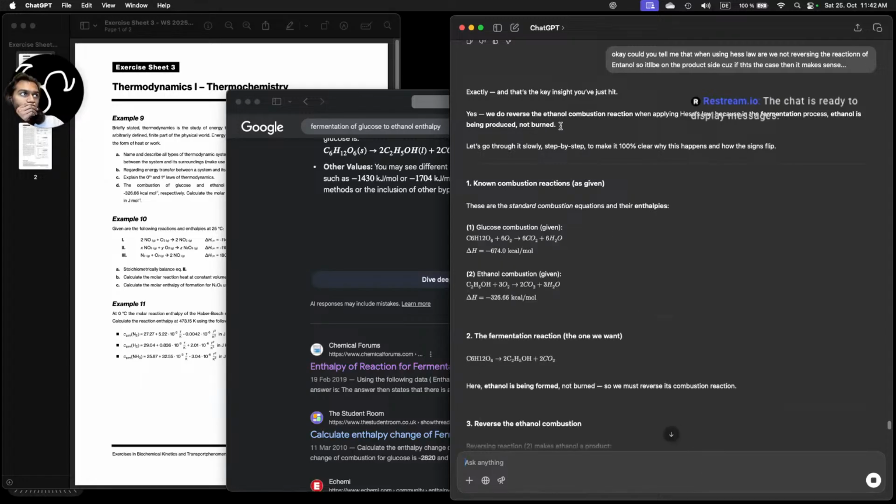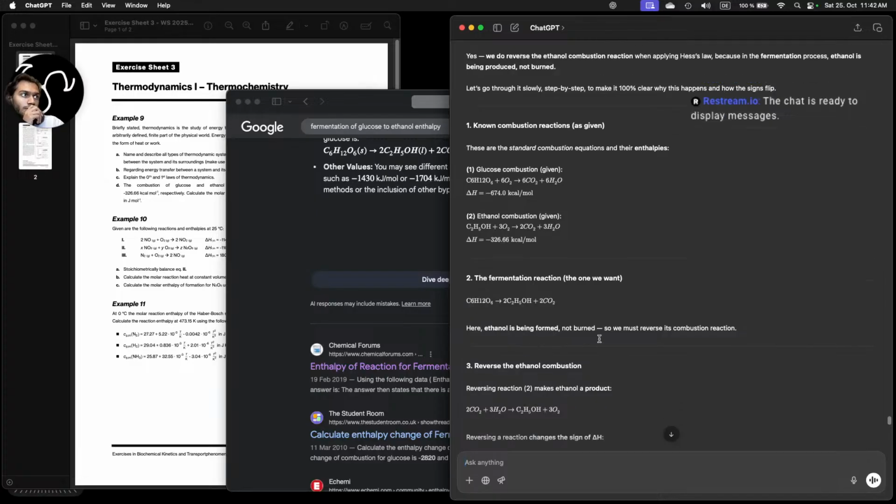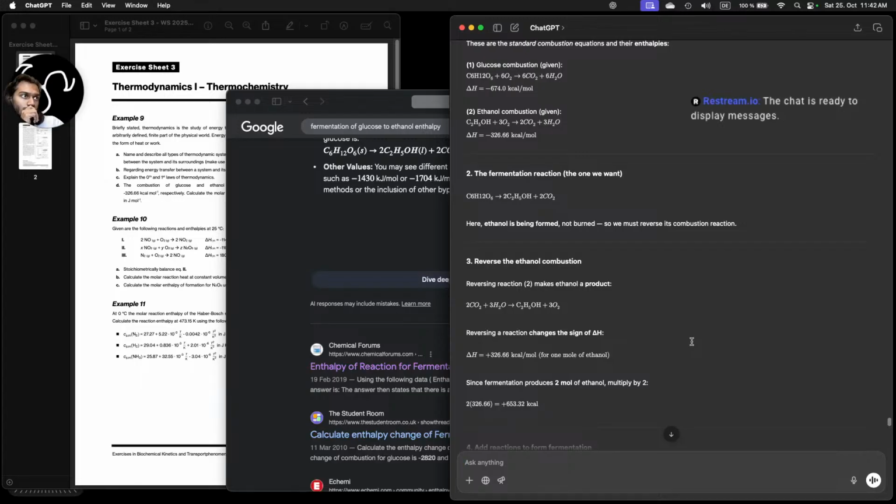We do reverse the ethanol combustion and apply Hess's law because in the fermentation reaction ethanol is being produced, not burned. Ethanol is being formed, not burned, so it reverses the combustion reaction. Yeah, the signs change.